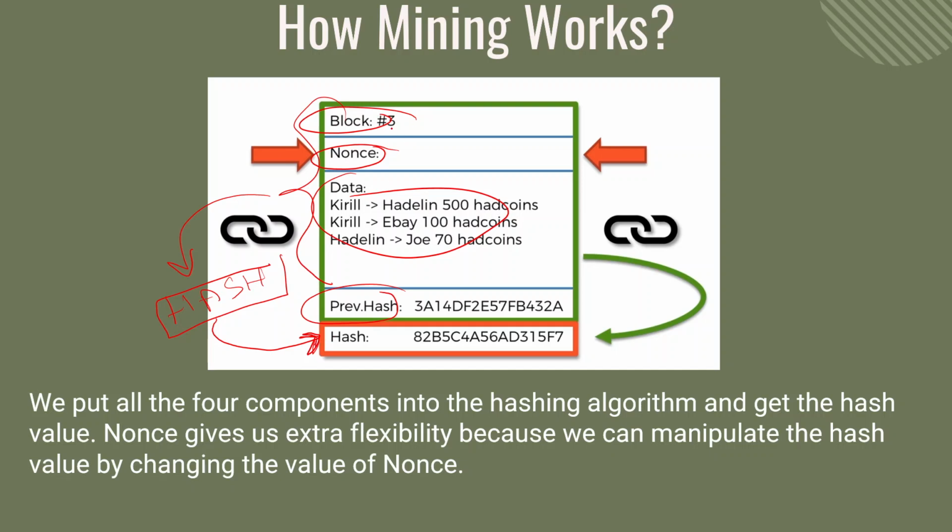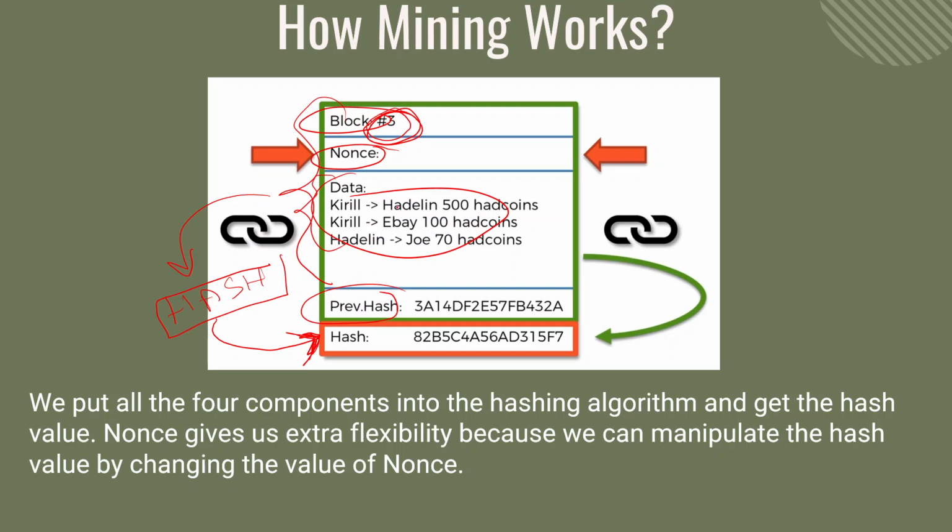Now, the block number, the data, and the previous hash are static, so they can't be changed. So if we know the block number, data value, and previous hash, we can generate the hash value easily. But is it so simple?